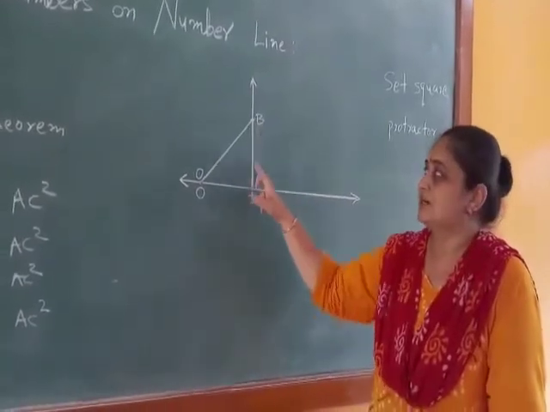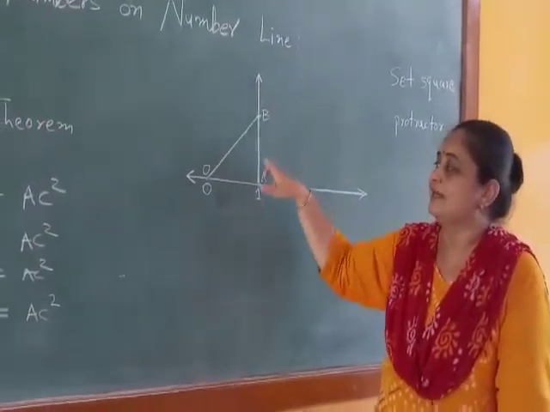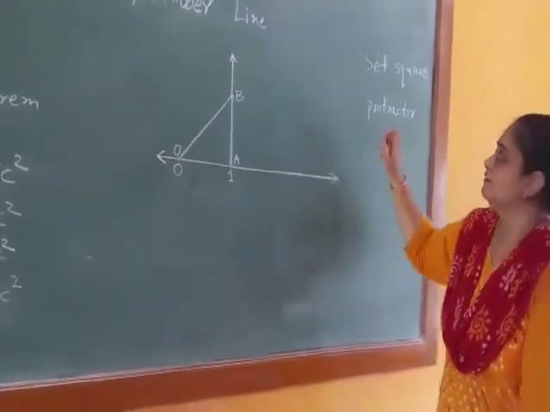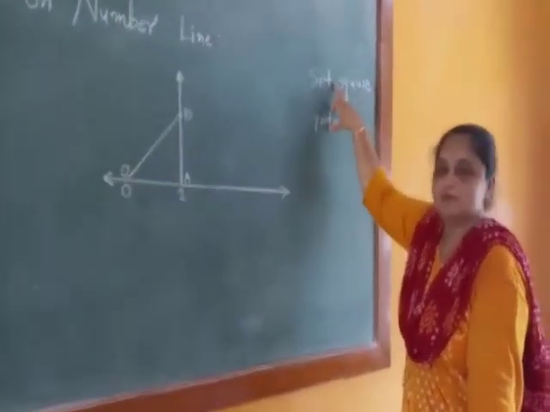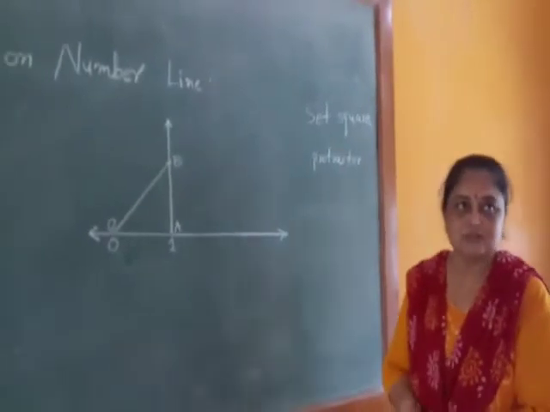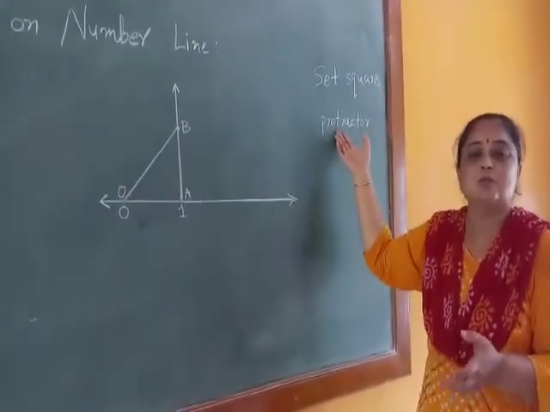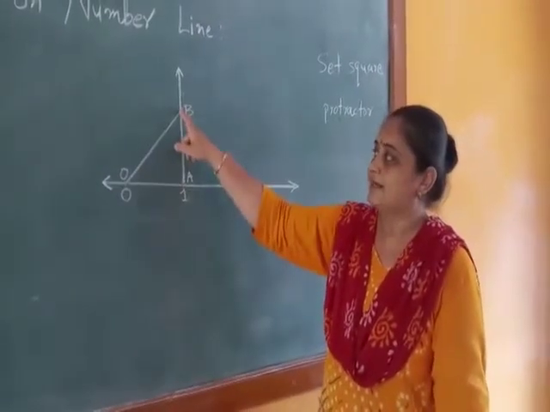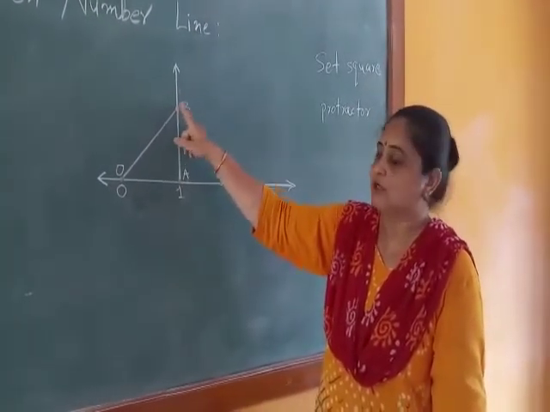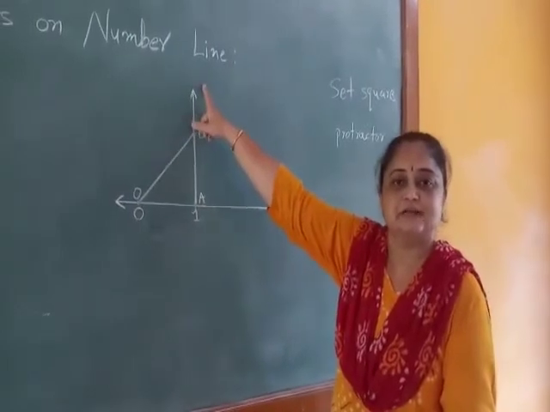For this you can use two types of instruments in your geometry box. One is very common, the protractor. Put your protractor here and then at 90 you can take one dot and draw one straight line.